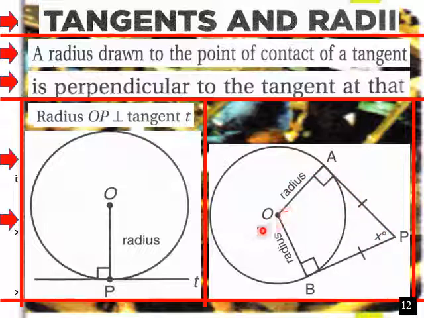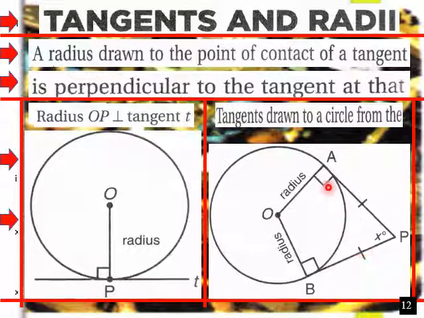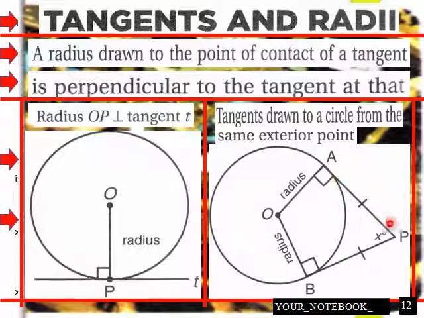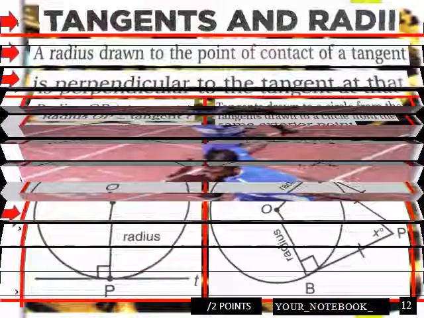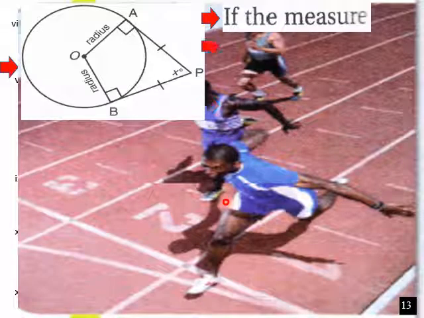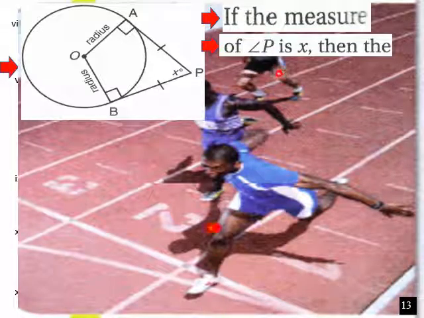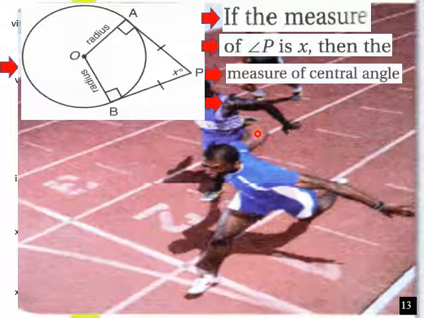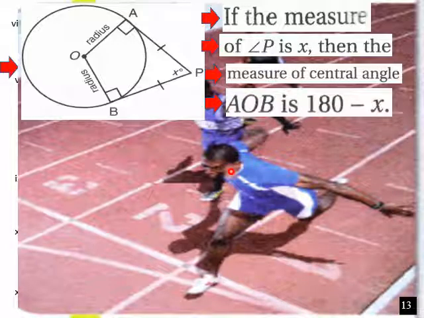AP is perpendicular to OA, OB is perpendicular to BP, and these are congruent, and we have X degrees there. For tangents drawn to a circle from the same exterior point, in this case P, if the measure of angle P is X, then the measure of the central angle AOB is 180 minus X. This is a rule to find the measure of this angle.